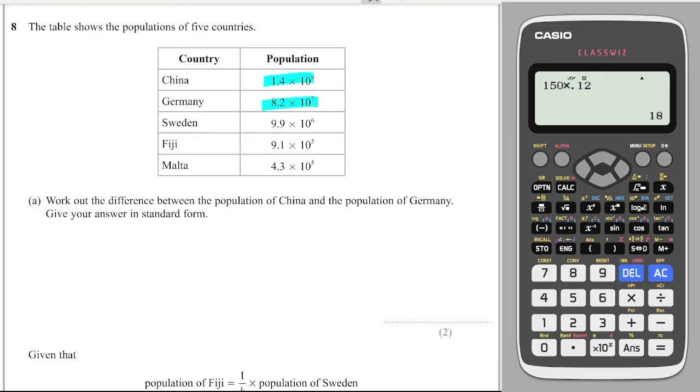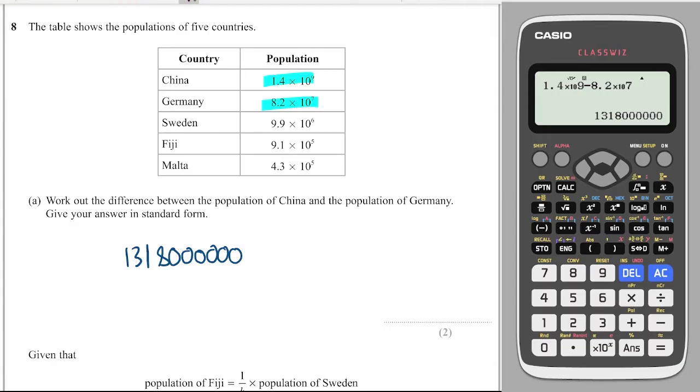So I'll get my calculator out and I'll do 1.4, this button down the bottom, times 10 to the power of 9, and then I would subtract, because difference means that we're looking at how far apart they are, so we need to use subtraction. 8.2 times 10 to the 7, and this gives me quite a large number, so I'll write that down. 131 8, and how many zeros we've got there? 1, 2, 3, 4, 5, 6.